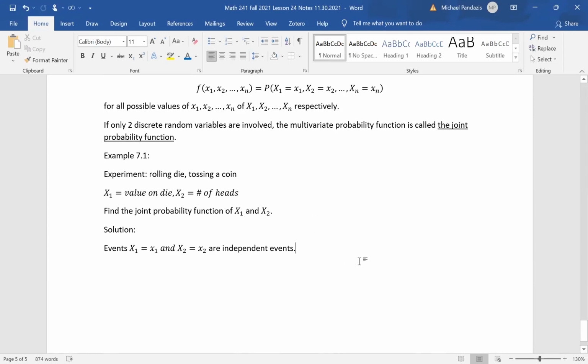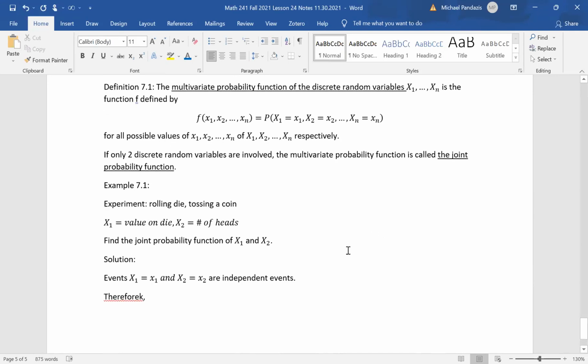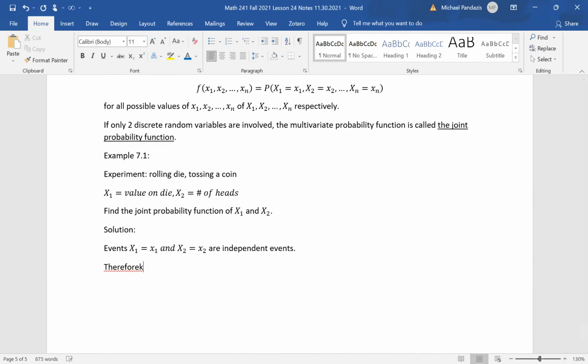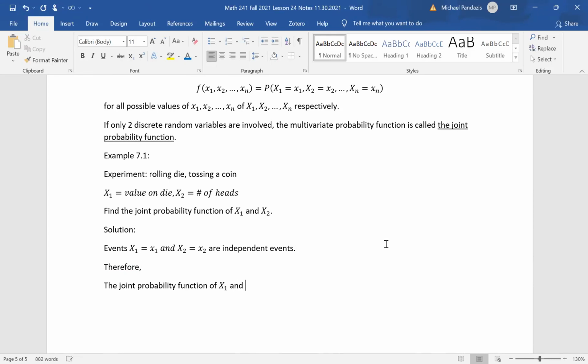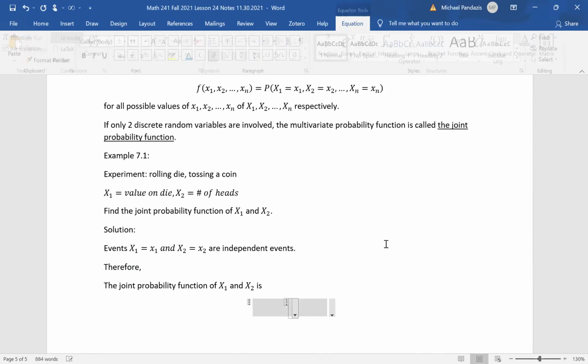Okay. So therefore, the joint probability function of x1 and x2 is the following.